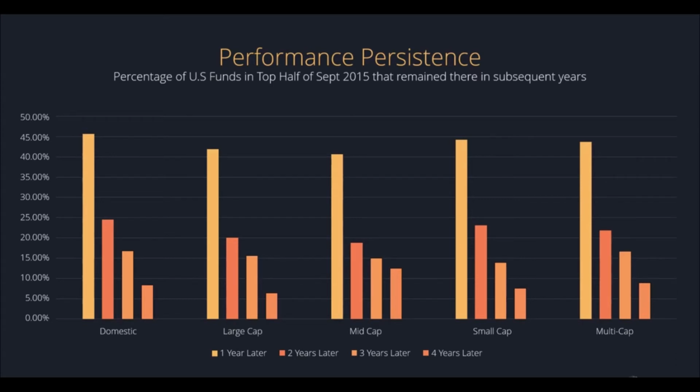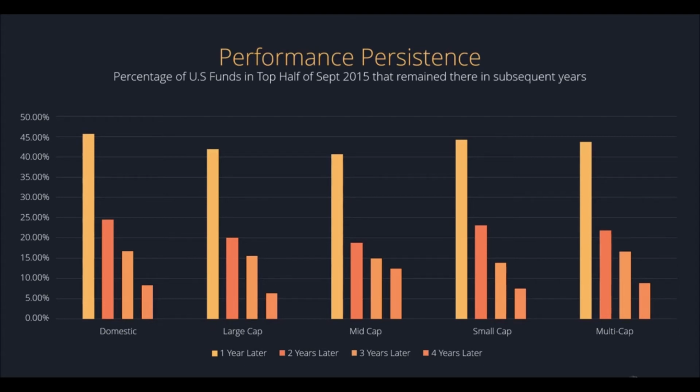This here is data pulled from a scorecard that the S&P, Standard & Poor's, has put together, called the Persistence Scorecard. And what they have found is that the funds that outperform at any given time do not continue to outperform in subsequent years.